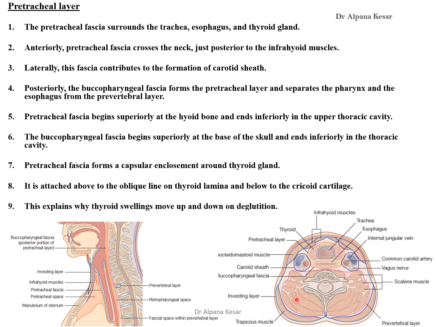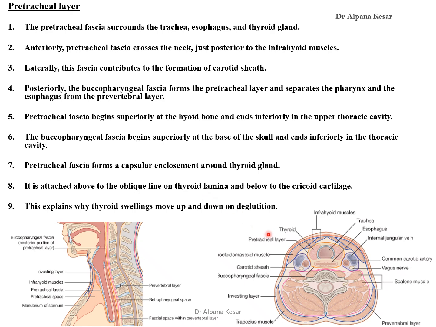The pretracheal fascia also forms a capsular enclosure of the thyroid gland, thus forming the outer capsule of the thyroid gland. This is known as the false capsule of the thyroid gland, which is attached above to the oblique line of the thyroid cartilage and below to the cricoid cartilage.